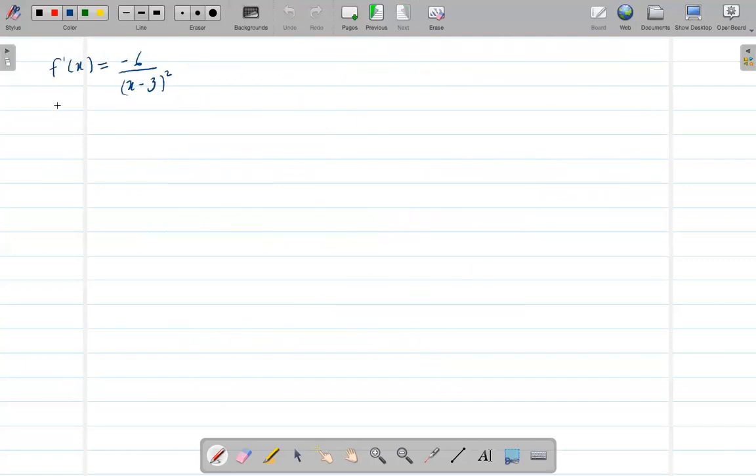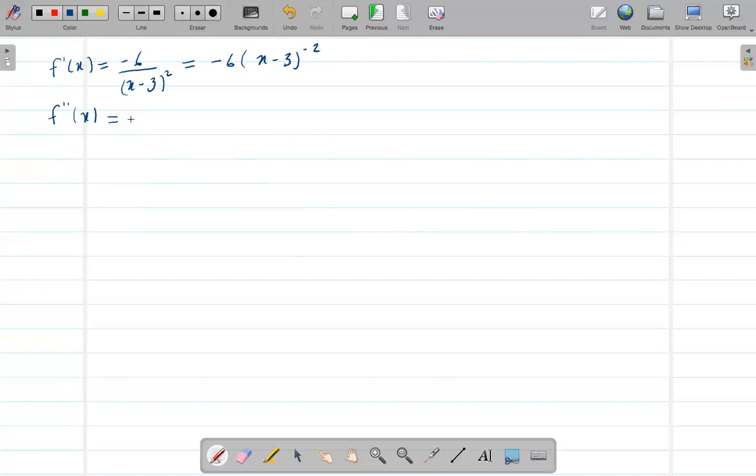Now when we take f double prime, I can also say this is the same as, if I move this (x minus 3) to the top, then it will be -6 times (x minus 3) to the power -2, right?